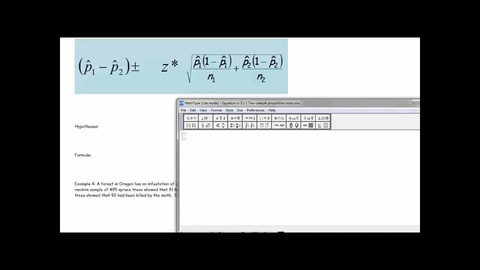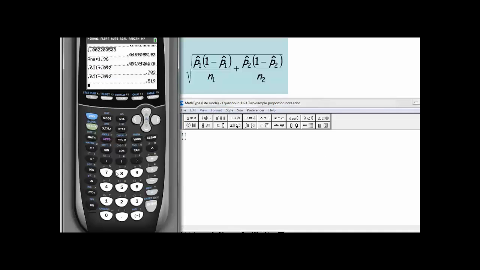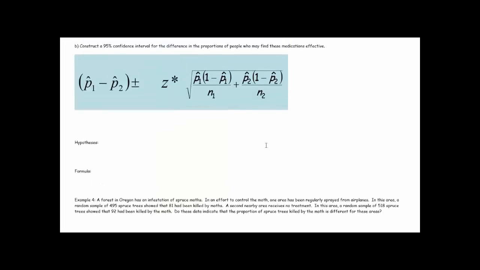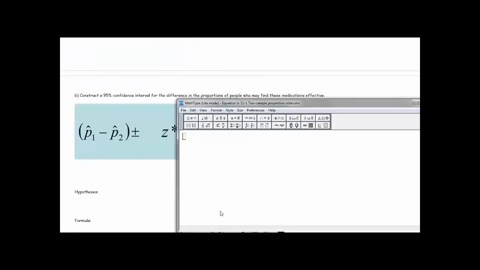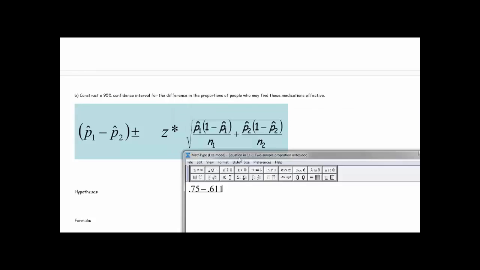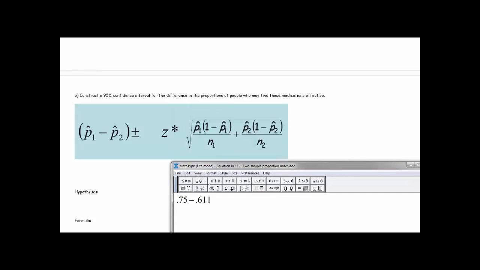Okay, so let's remind ourselves of the two p hats. We had 0.75 and 0.611. So 0.75 minus 0.611 is that first piece in that formula.